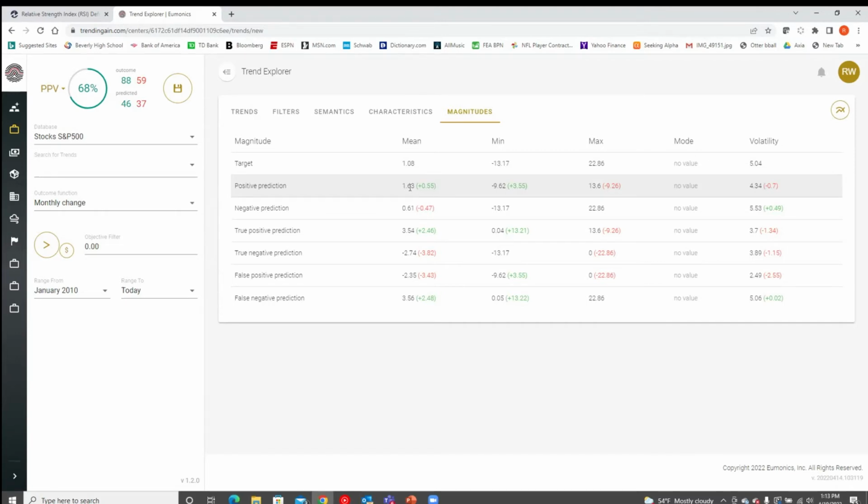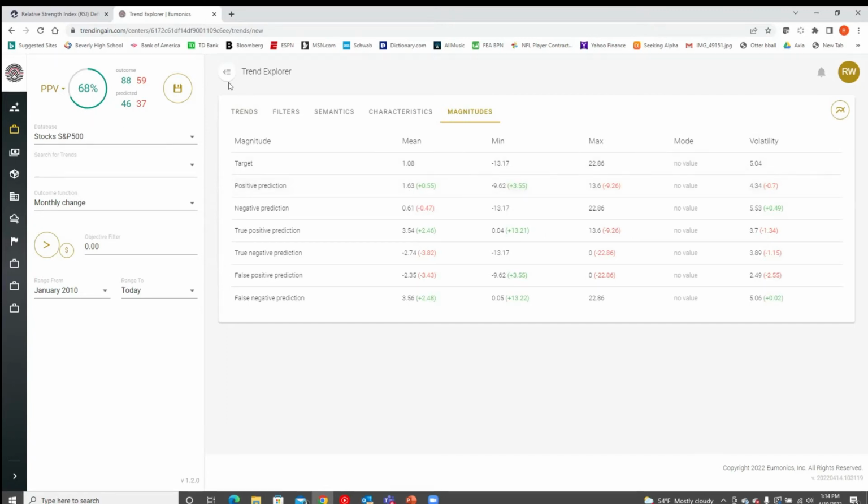The base value for Apple stock price change is $1.08. So on average, Apple stock goes up by $1.08 per month. And what we're seeing here with this magnitude measure is that the average price change when the relative strength index is less than 70 is actually $1.63.